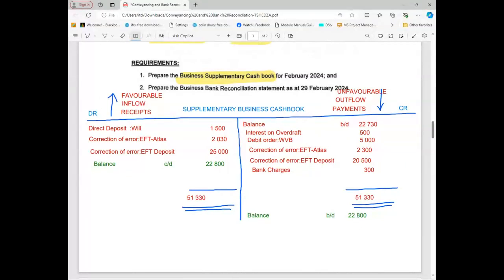We correct it on the outflow, and then the correct amount we take into the favorable once again, right? Yes. And we do the opposite if it was a payment we made. If it was incorrect, like the Atlas payment, we had automatically paid it out from the unfavorable, so the correction must be made on the favorable and then the correct amount back again on the unfavorable, right? You're on fire, yes. Okay, I have it. Perfect.